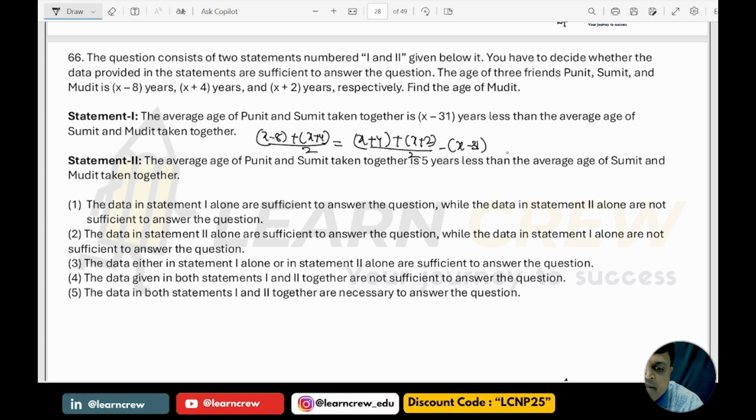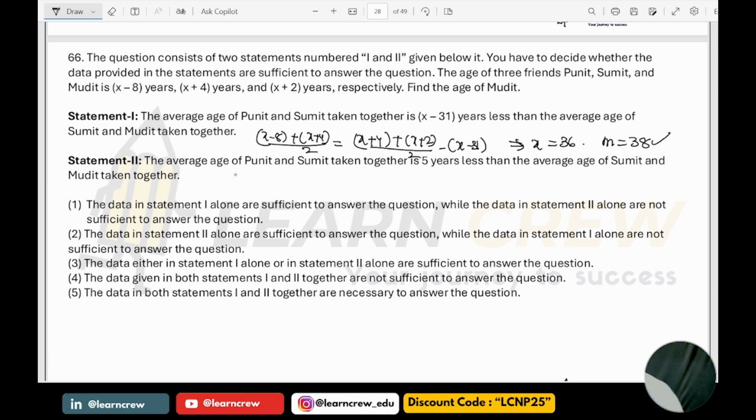If you simplify this, you are going to get x as 36. Thereby M would be 36 plus 2, 38. Only one is sufficient.